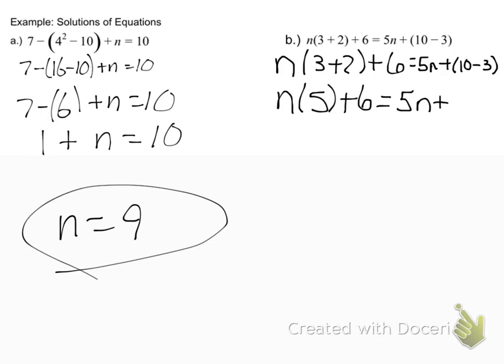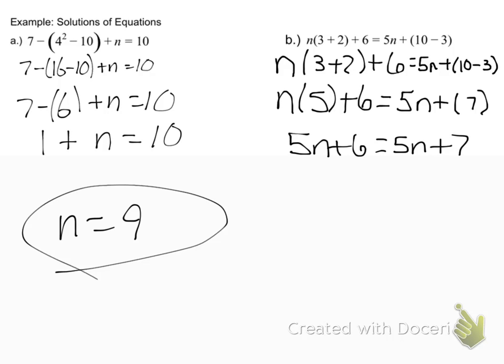And then I did the parentheses on this side to get it done too, so it would be 7. Then I put 5n because it's multiplication, and then plus 6 and equals 5n plus 7, and there is no solution.